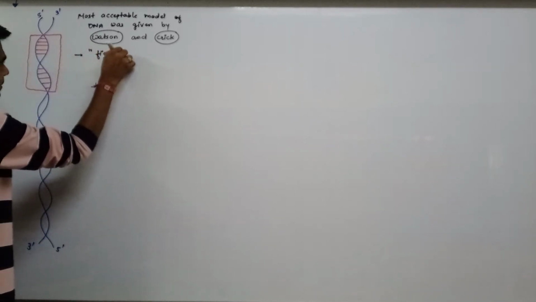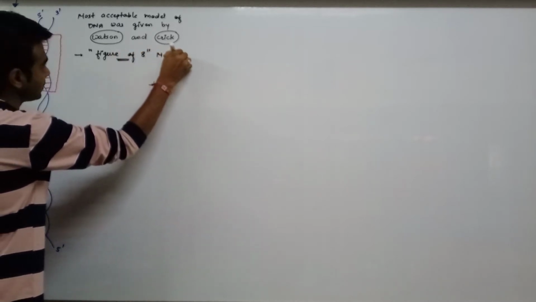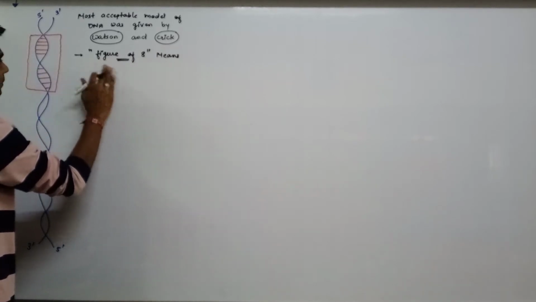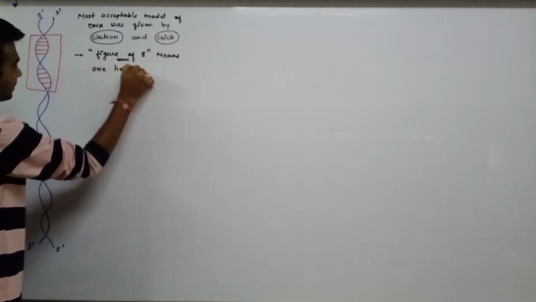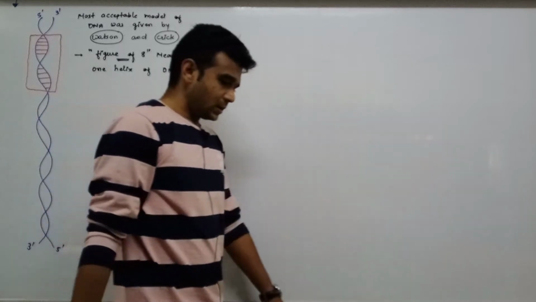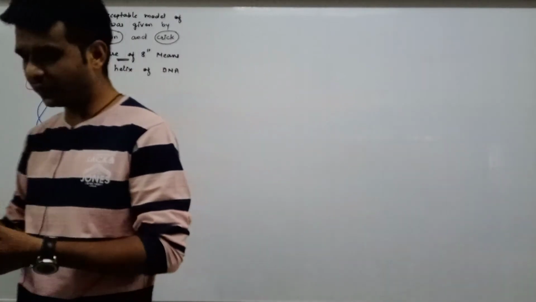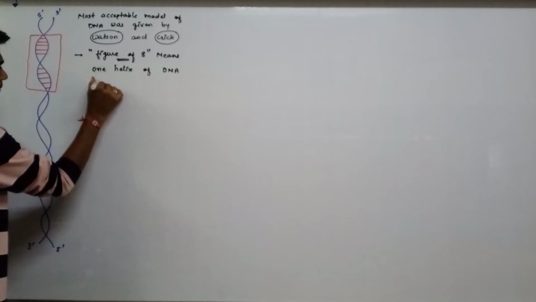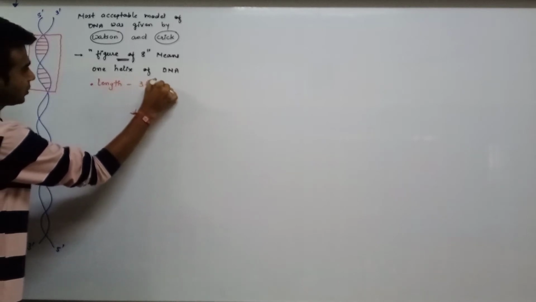Figure of 8 means one helix of DNA. Okay, see here, the length of one helix is 34 angstrom.